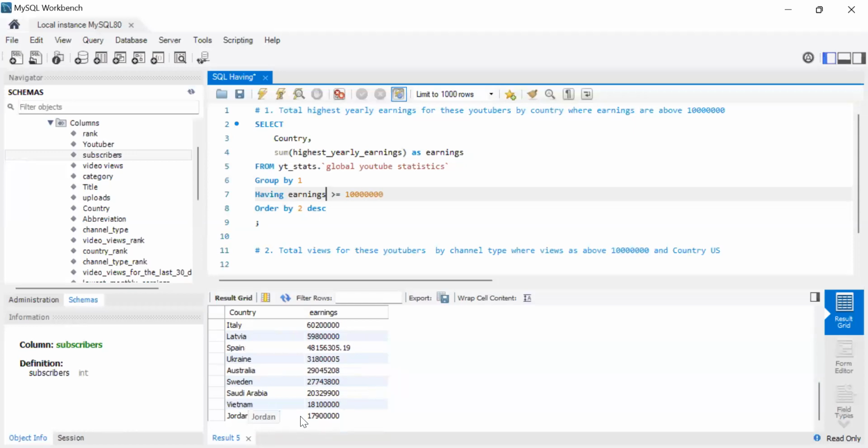As you can see, the last one here is Jordan. There's no one below 10 million. And that's how HAVING works.